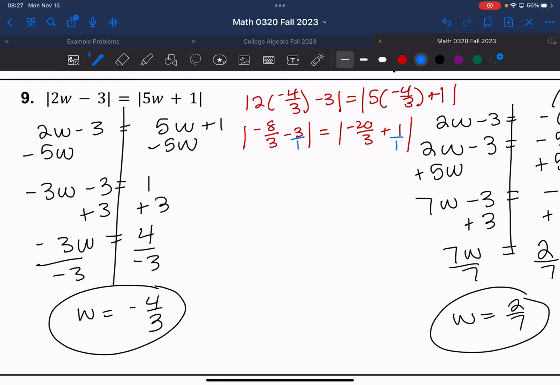So what would be the common denominator in both of these? 3. So I'm going to multiply this one by 3, top and bottom, and then this one by 3, top and bottom. So then I have negative 8/3 minus 9/3 is equal to negative 20/3 plus 3/3.